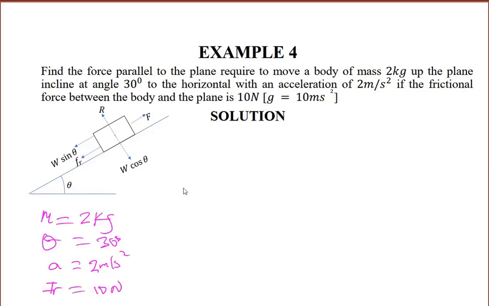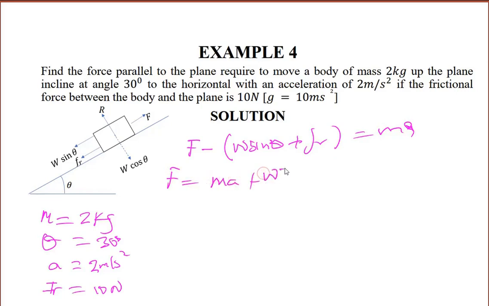So let's go. The force moving the body, F, minus the force opposing the motion, W sine theta plus frictional force, equals ma. So F is just ma plus W sine theta plus frictional force.